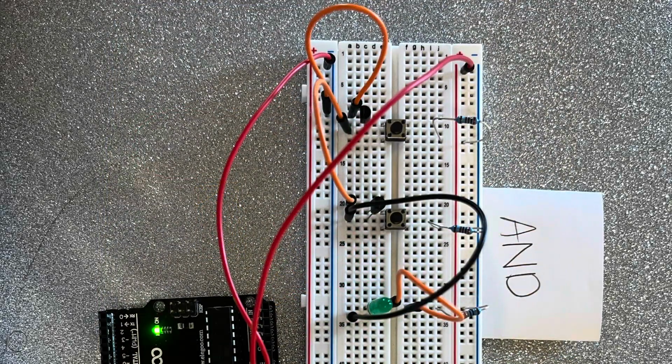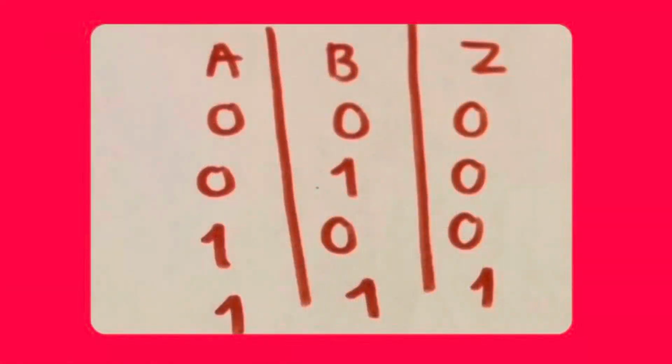Now with our AND gate, we're gonna go ahead and see first our logic table. So for A and B, we would be looking at our inputs and Z would be our output. So for the AND gate, in order for the output to be 1, both A and B need to be 1. So as you can see in this table, when A and B are 0, obviously our output is going to be 0.